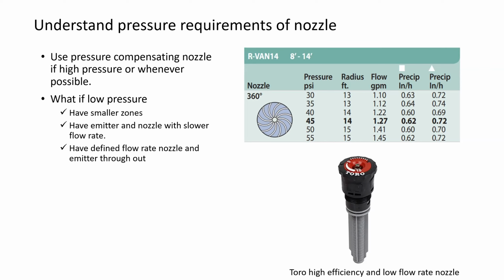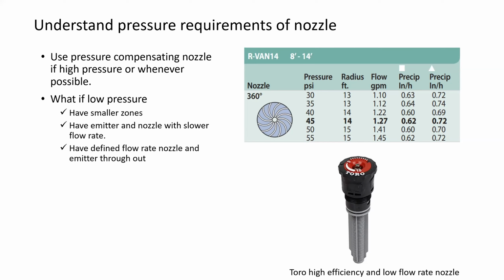So, for example, if you look at this RVAN14 nozzle, which is 360 degree, at a PSI of 30, the radius would be 13 feet, but at PSI 45, it would be 14 feet. Now, if you go above 45, it would be 50. At 55, it would be 15 feet.